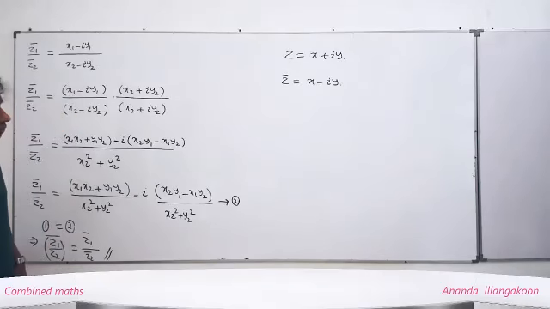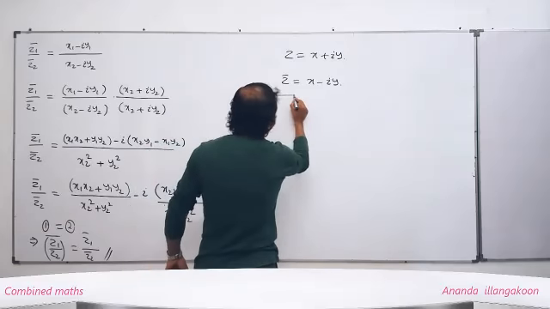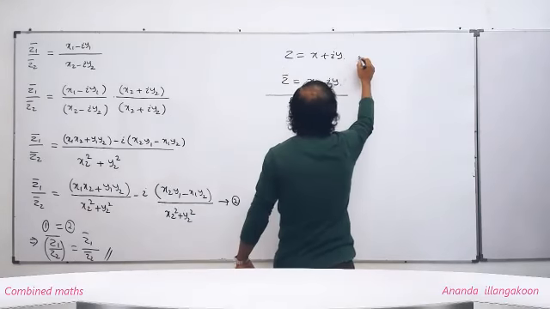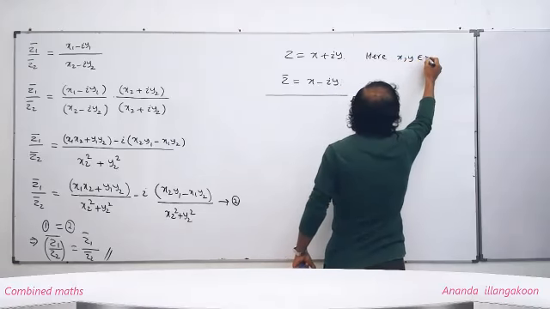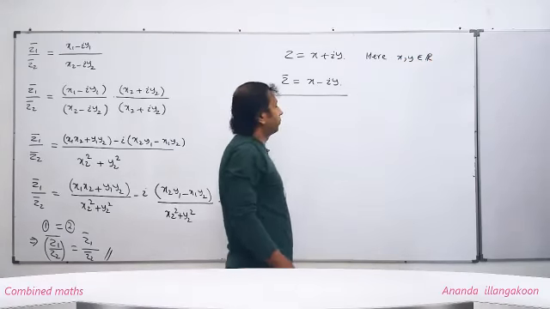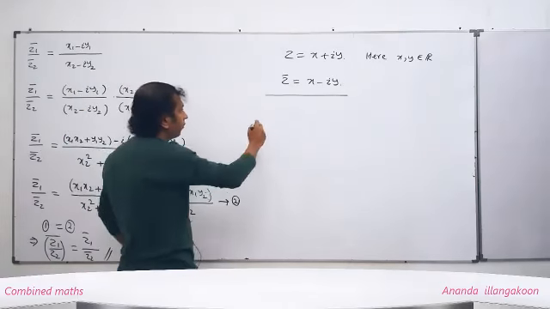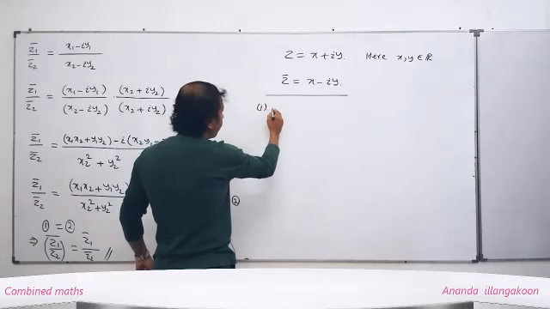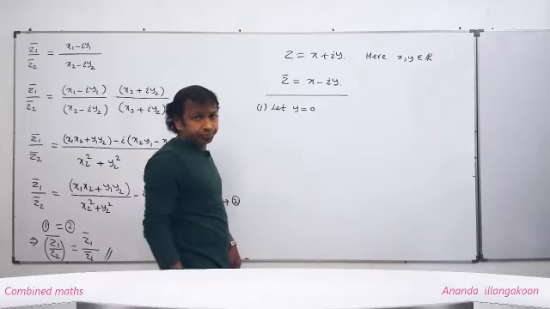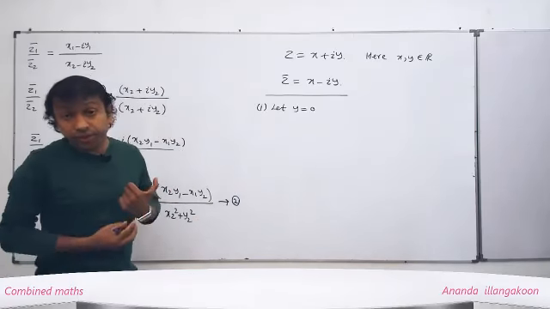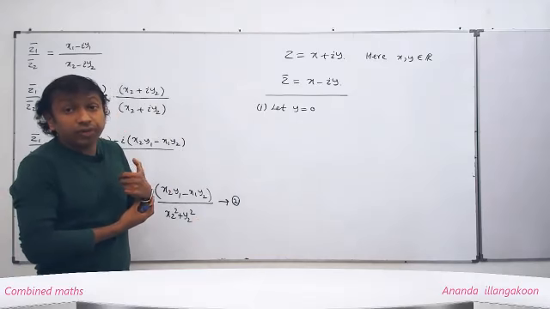Now, here x and y are real numbers. Right. First one is this. Let y equals 0. x and y can be any two real numbers, people know. We take y as 0 in Z.